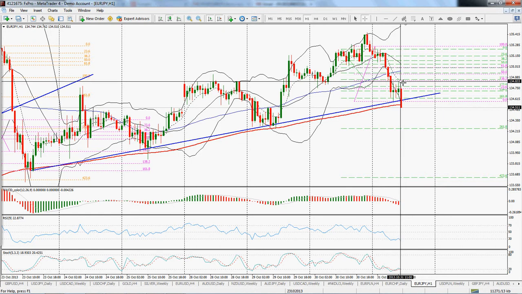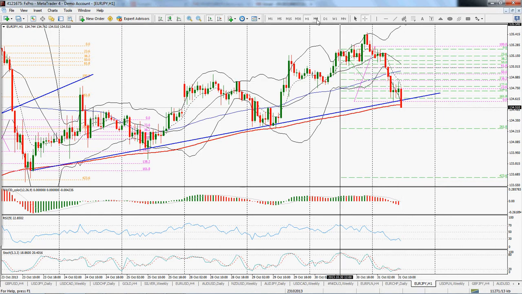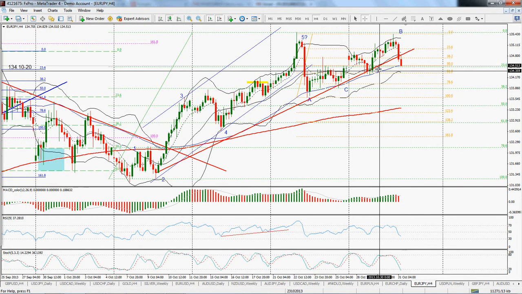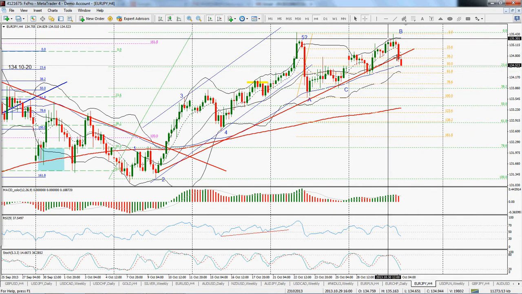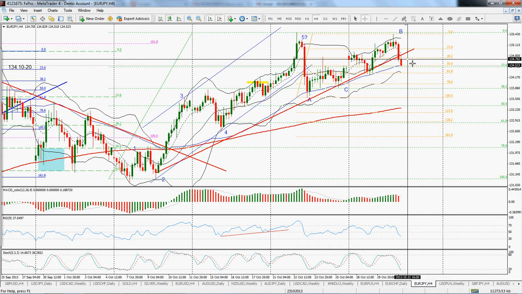So you can be a little bit more flexible, because what sometimes happens with those support lines is that you should enter at least your first position here, because you don't know whether the market will start falling very quickly. Sometimes you won't be able to enter at a better price.